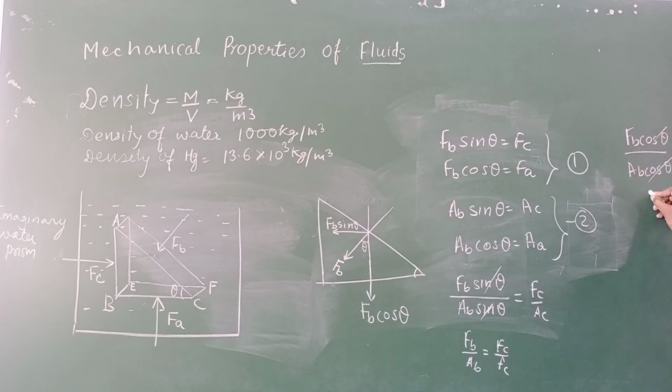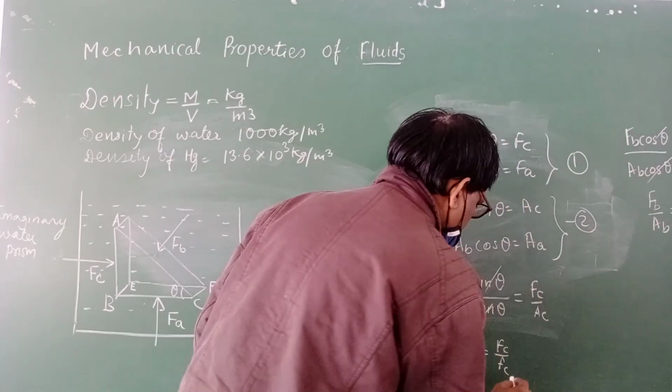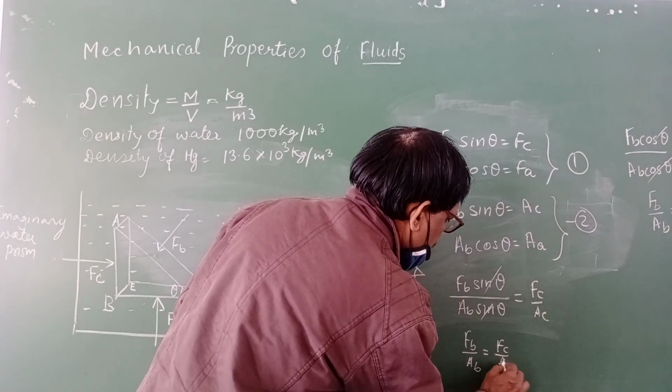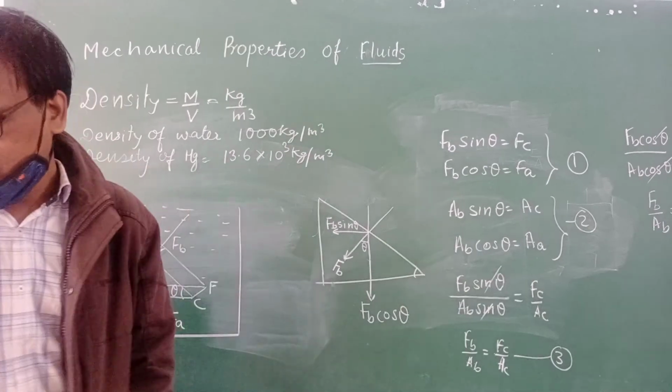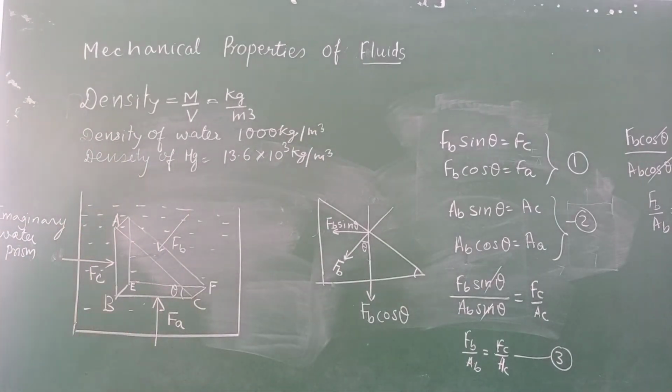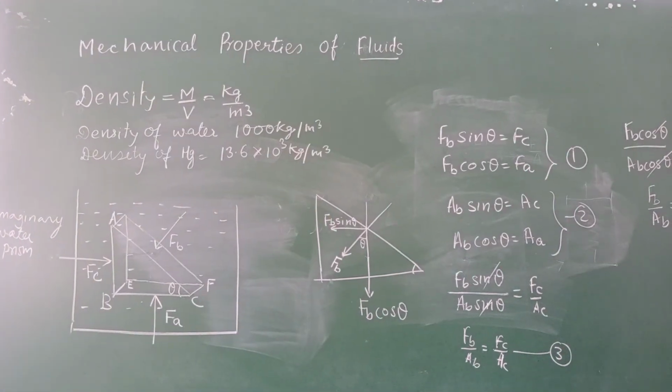So we will get FB upon AB, which will be equal to FA upon AA. This is equation number 3, FC upon AC, and that will be equation number 4, FB upon AB.